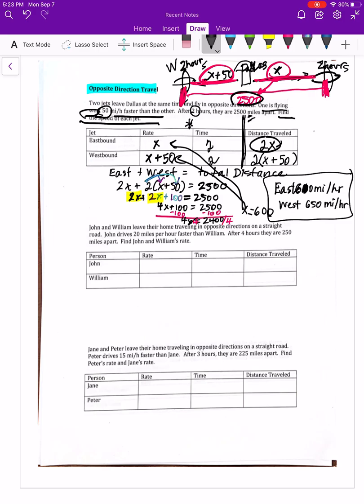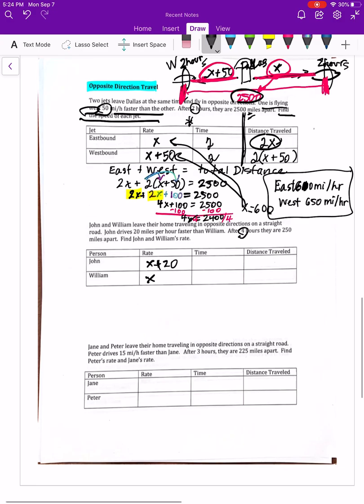All right, so let's do one more. I'm probably not going to get to Jane and Peter, but I think you'll get the idea after we do John and William. So John and William leave their home traveling in opposite directions on a straight road. John drives 20 miles an hour faster than William. Sounds like we don't know what William's traveling, but we know John is the speed demon, and he's traveling 20 miles per hour faster.